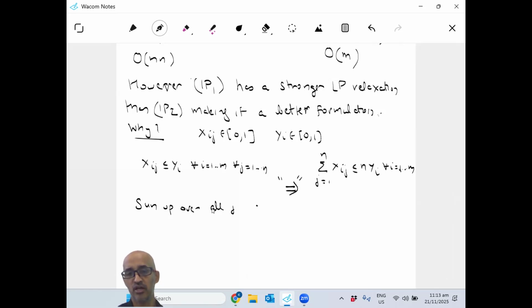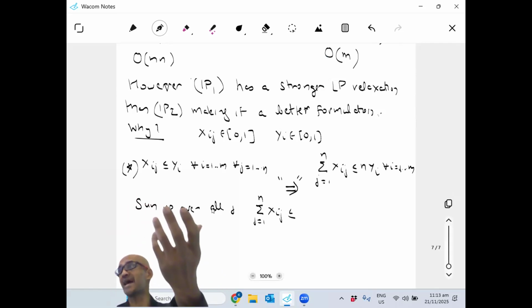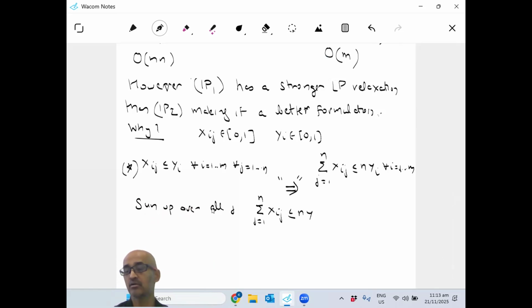If I sum up this constraint star over all j, what will I get? The summation j equal to 1 up to n of xij is less than or equal to yi added up n times. So I'll get n times yi, which is exactly this constraint. So any x and y which satisfies this constraint will satisfy this constraint.